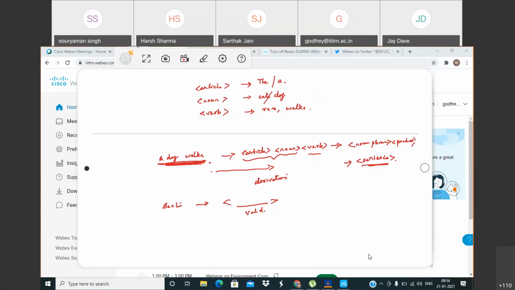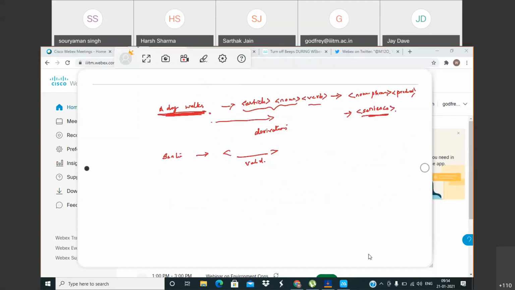For instance, if I have the sentence "A walks dog", I will not be able to derive this sentence from this sequence of words, because the order of these words is incorrect. I cannot derive the root of this derivation, which is sentence.